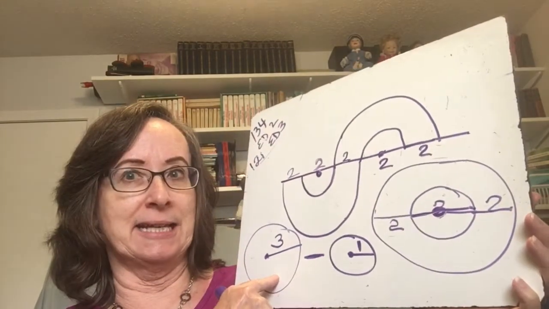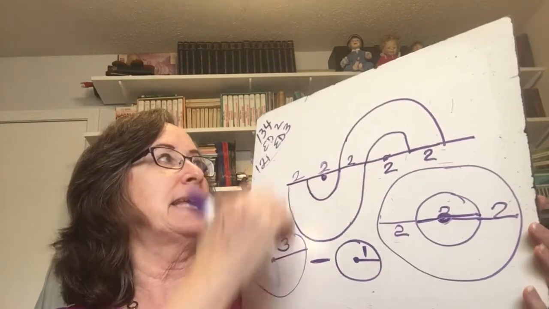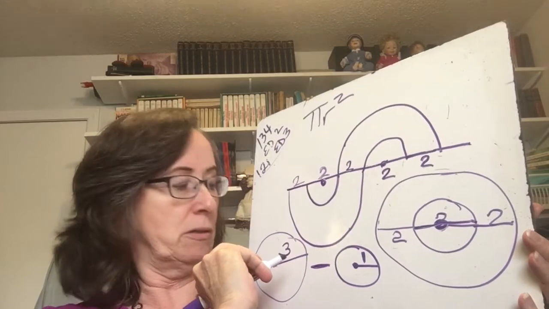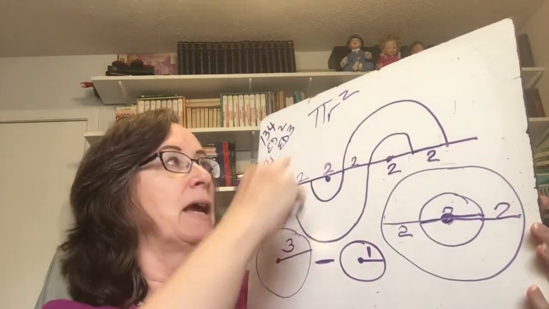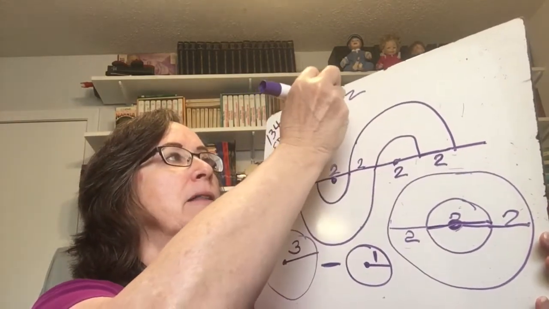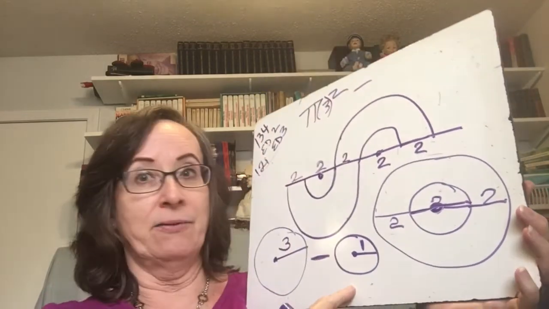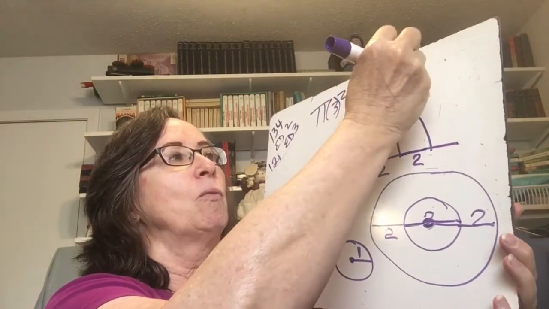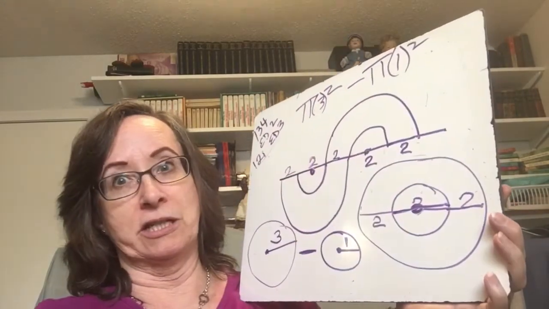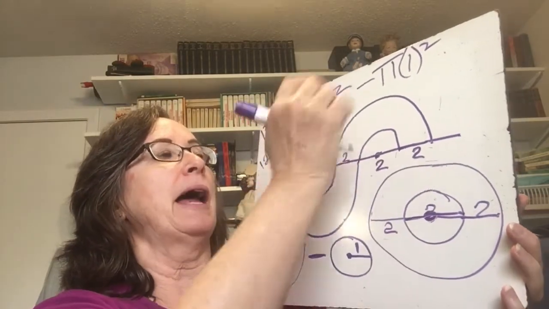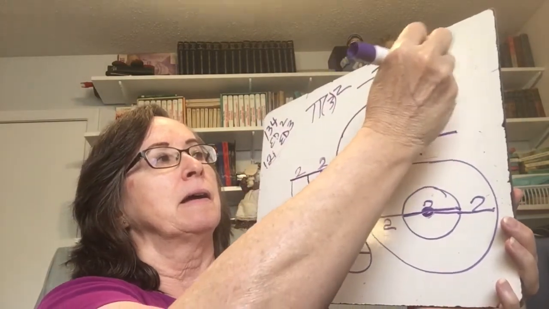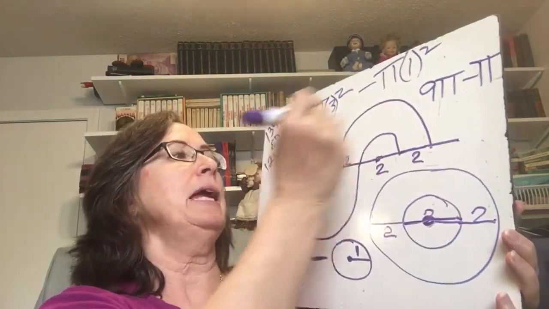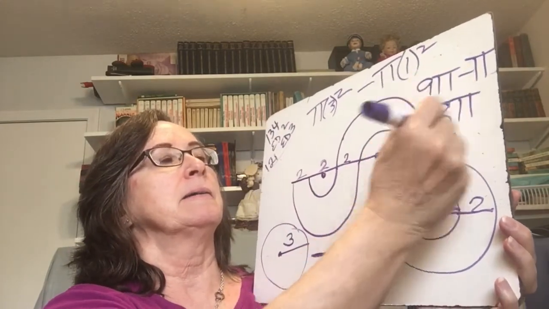So now this is radius 3, and pi r squared is the area of a circle. So this one is pi times 3 squared minus the area of the hole of the donut, which is pi times 1 squared, which is just pi. So we have 9 pi minus 1 pi is 8 pi. And that's the area.